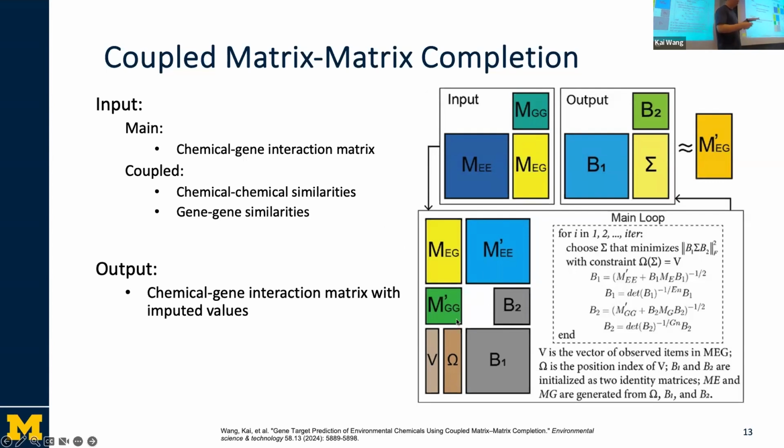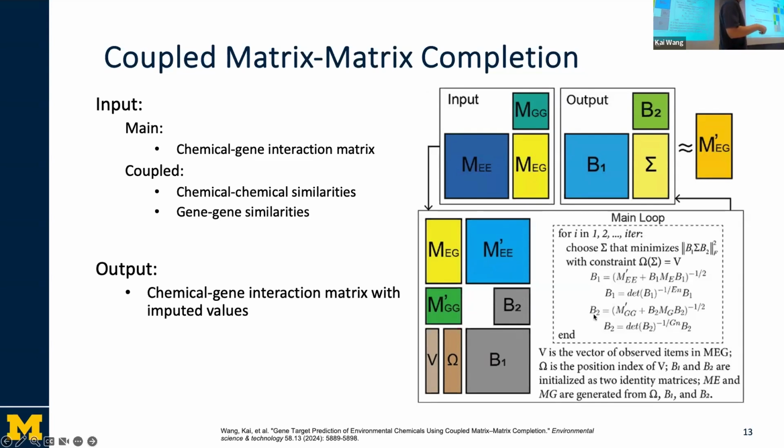For this step, each matrix has two hyperparameters to adjust. Then we grab the existing values in this matrix and the corresponding positions of the existing values in the MEG matrix, and initialize B1 and B2, which have the same size as MGG and MEB.